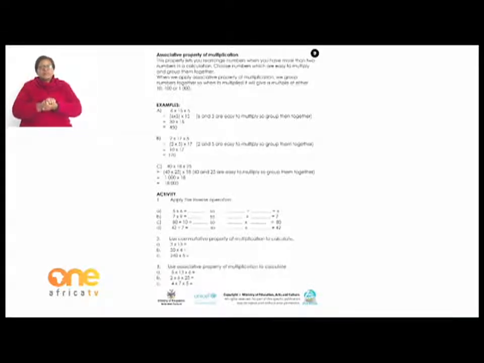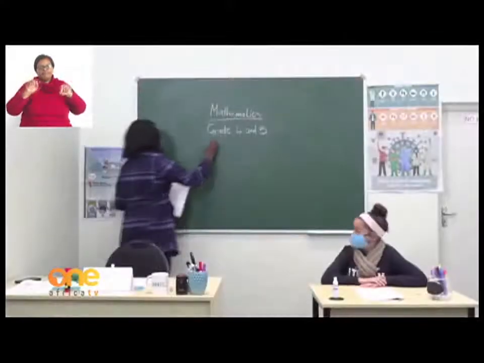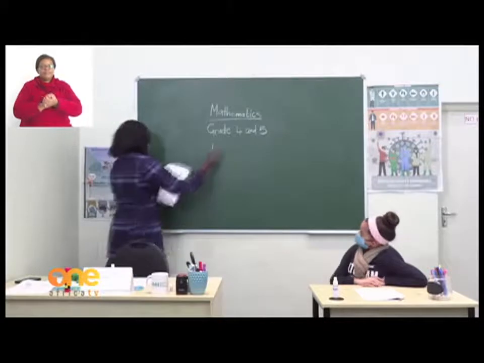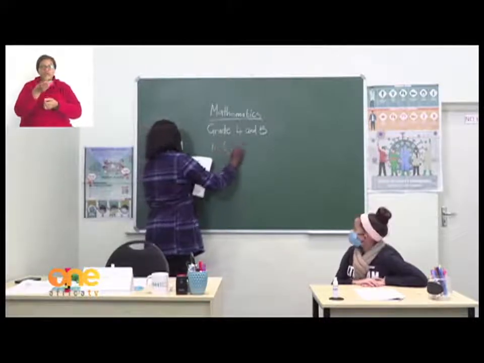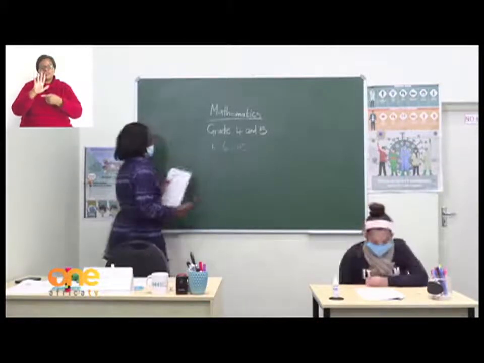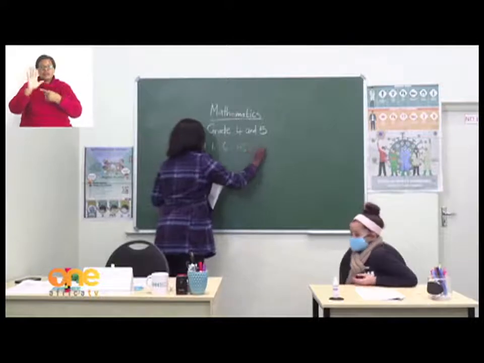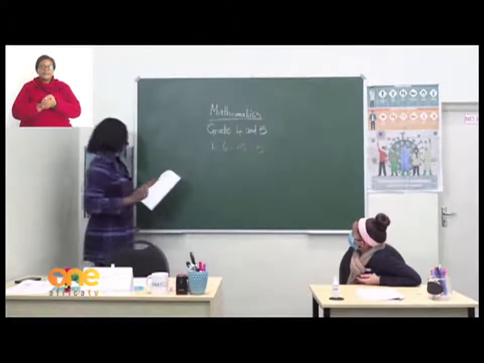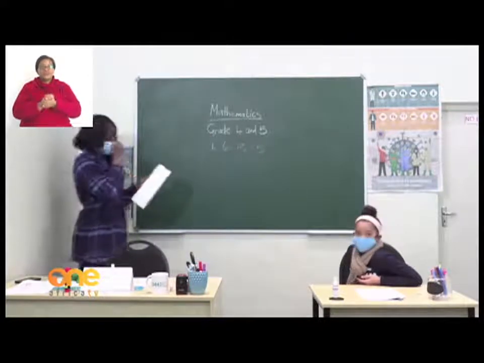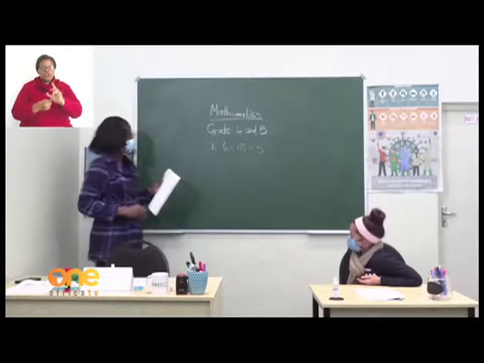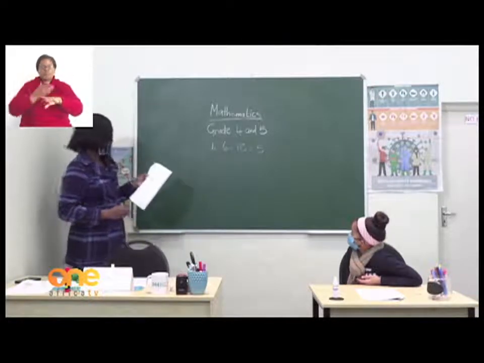Boys and girls, let's get on board with the first example. For example, we have 6 times 15 times 5. Good. We have to apply associative property of multiplication.